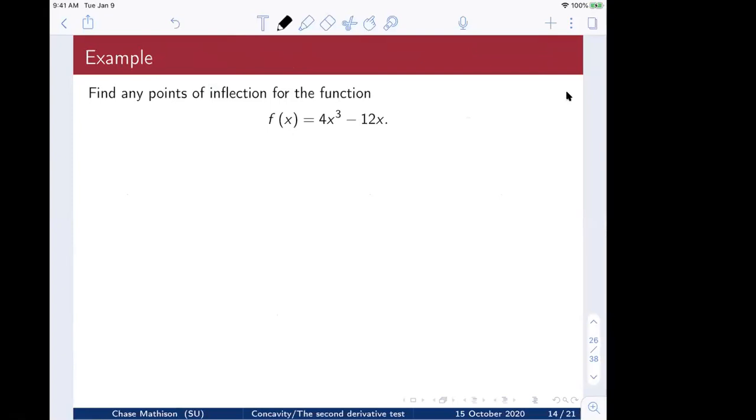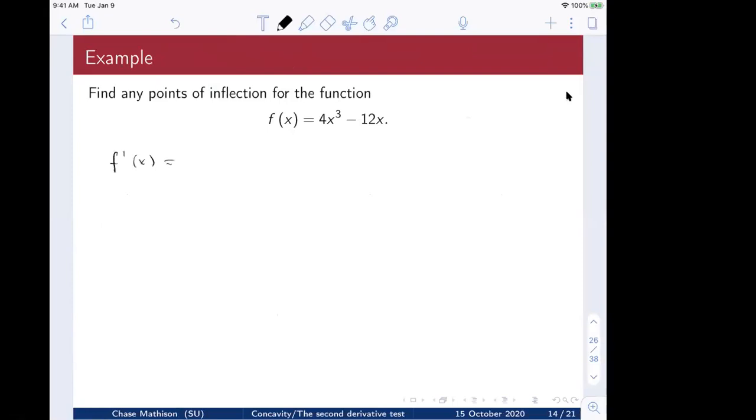So, really quick, find any points of inflection for the function f of x equals 4x cubed minus 12. I'm going to run through this really quick. We need to find first f prime of x, because points of inflection have only to do with concavity, so I need to get to the second derivative.